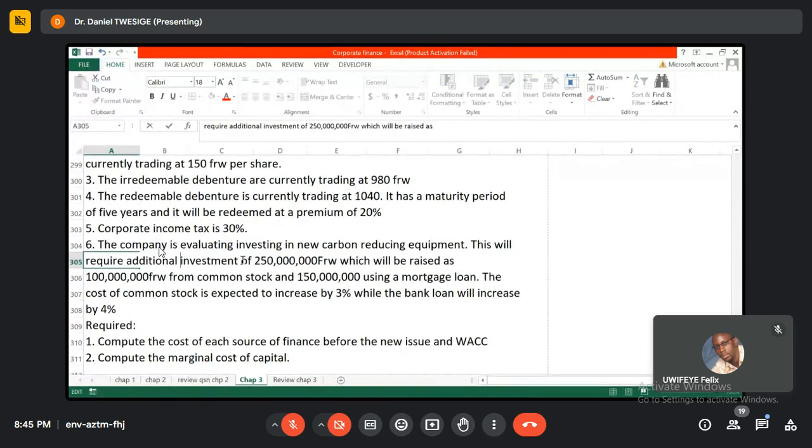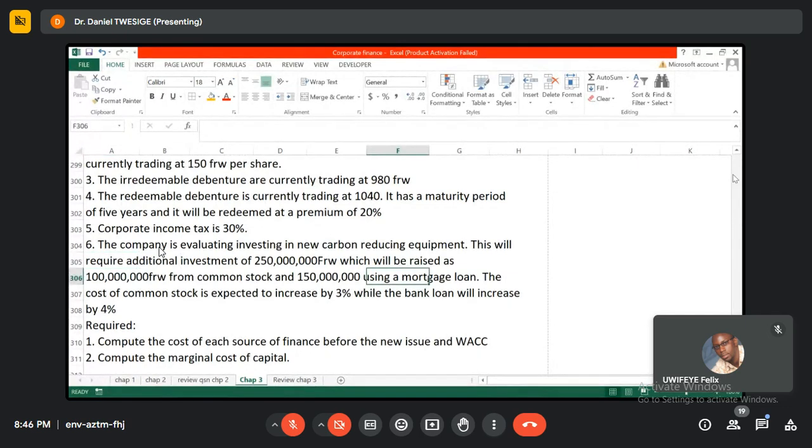Additional investment of 250 million, which will be raised as 100 million from common stock and 150 million using a mortgage loan. The cost of common stock is going to increase by 3%, while the bank loan will increase by 4%. So what is required? Compute the cost of each source of finance before the new issue and the WACC. Then compute the marginal cost of capital.